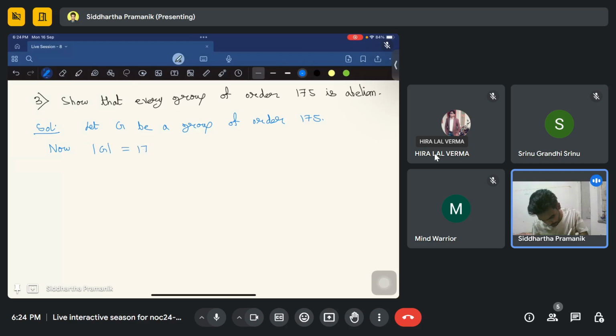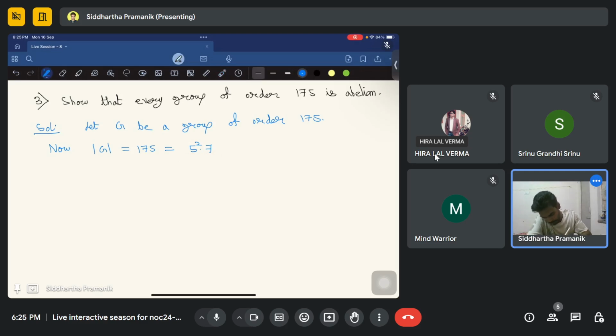So 175 is basically 5 square times 7, right? So 5 is a prime factor as well as 7 is a prime factor. So by first Sylow theorem, it has a Sylow 5 subgroup as well as a Sylow 7 subgroup.